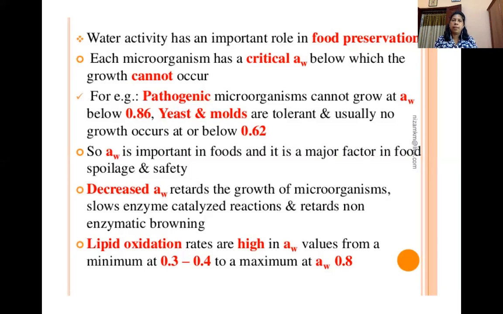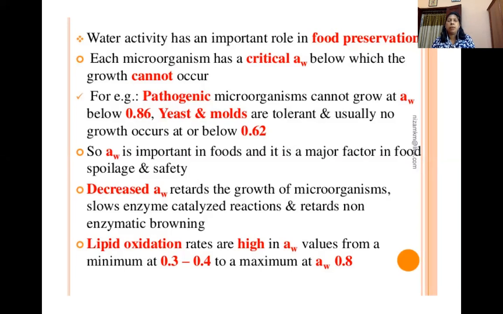That means some can survive with low water activity, and some need more water for their survival. So water activity is important in foods, and it is a major factor in food spoilage and safety.